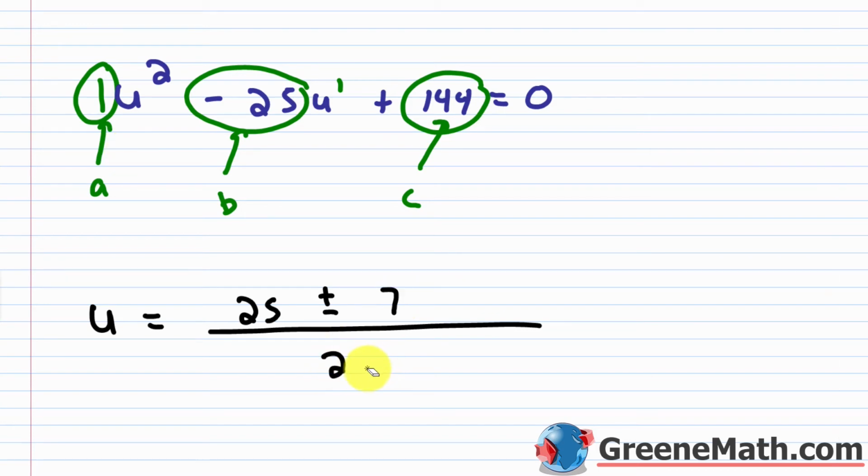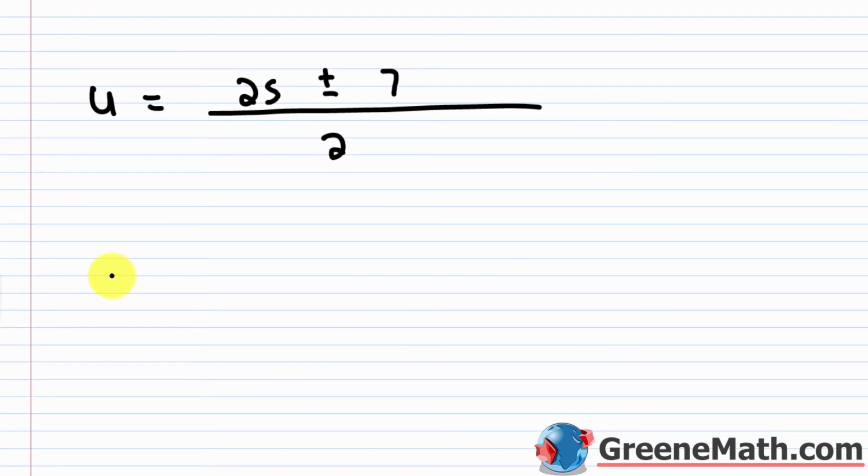A is 1, so we basically just have 2. So u is equal to 25 plus 7, which is 32 over 2, that would give me 16. And then also 25 minus 7, which would be 18 over 2, which would be 9. So u equals 16 and also 9.